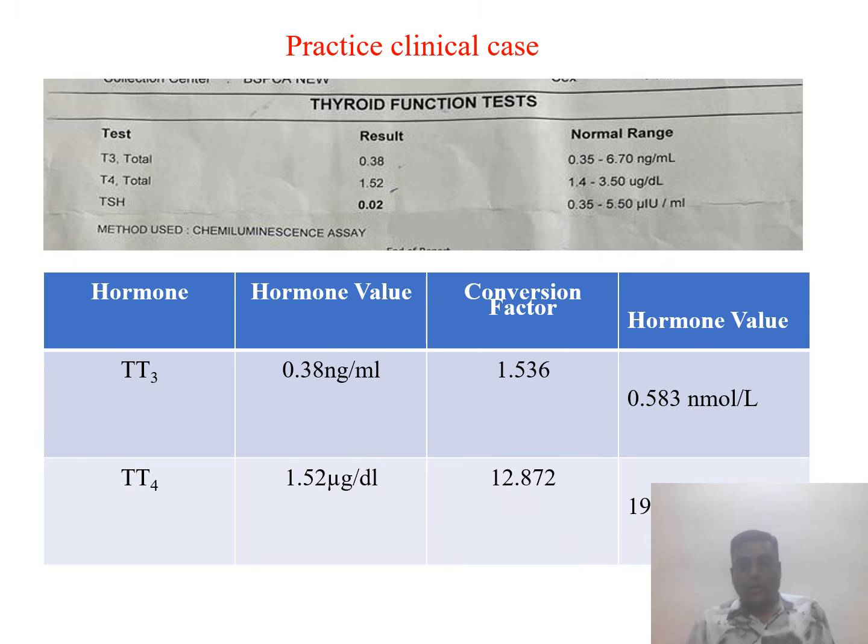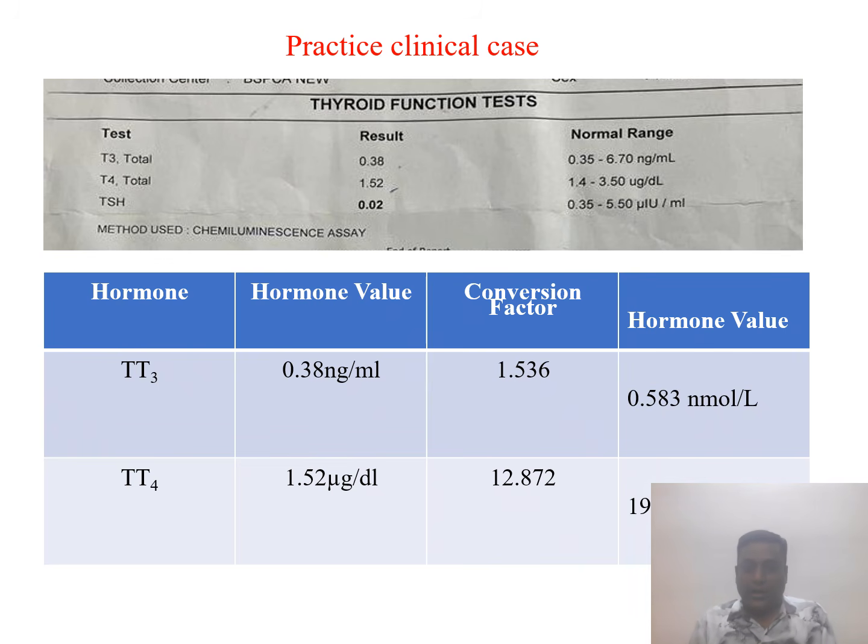First, we need to do a conversion. What are the units available in your report? If we are getting the report in nanomole per liter or picomole per liter, for example, total T3 nanomole per liter, total T4 nanomole per liter, and FT4 in picomole per liter, then it's fine. There is no issue.